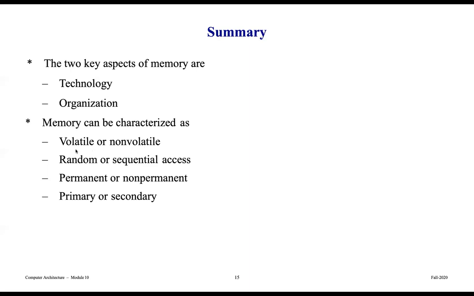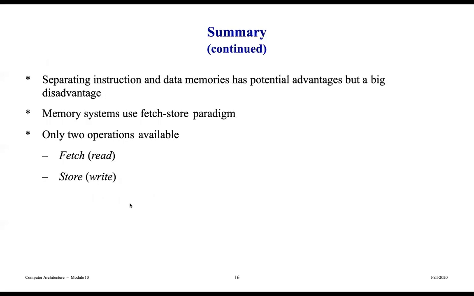So RAM would be an example of volatile. ROM would be an example of non-volatile. The types of access are either random, which is typically more common for data, or sequential, which is more common for instructions. Memory can be permanent or non-permanent, and it can be primary or secondary. Primary would be more like your RAM, and secondary would be like a hard drive.